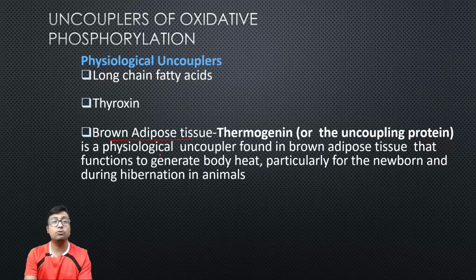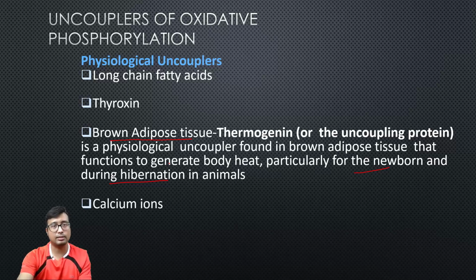This is specially utilized in newborns, who don't have the shivering mechanism. You know, shivering is a protective mechanism by which adults can generate heat in the presence of cold. This is a reflex. It is also used in hibernating animals, because they cannot generate body heat during hibernation. So these physiological uncouplers deliberately uncouple oxidation and phosphorylation, and the entire energy is used in production of heat and keeping the body warm.